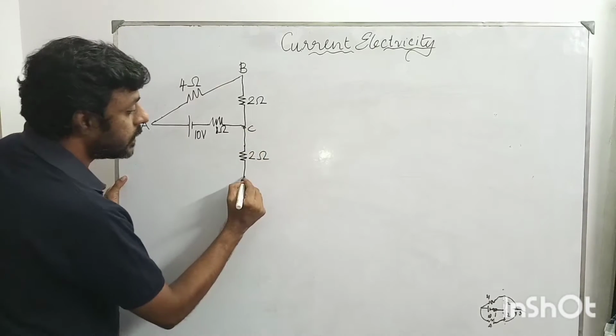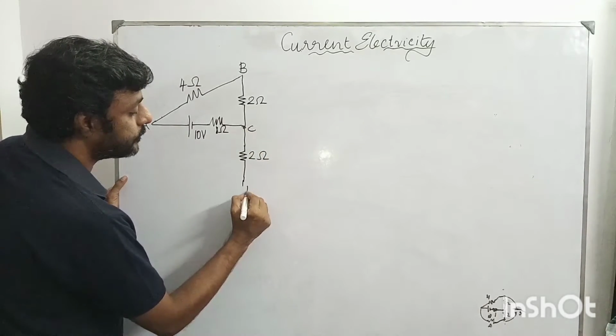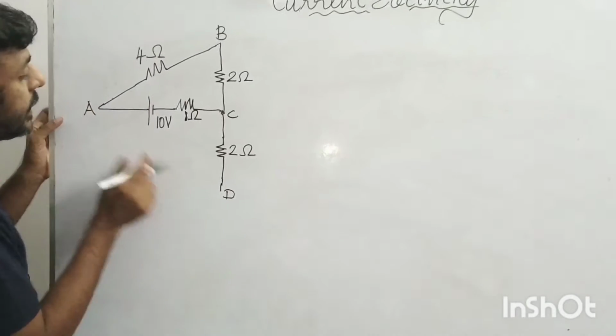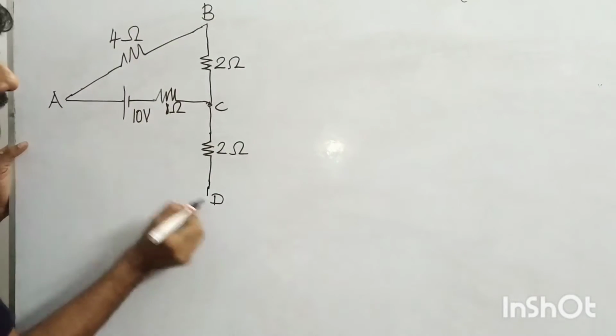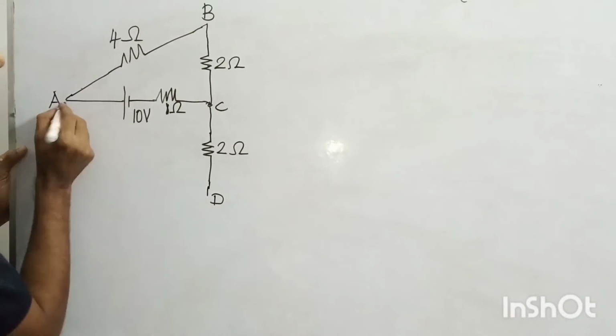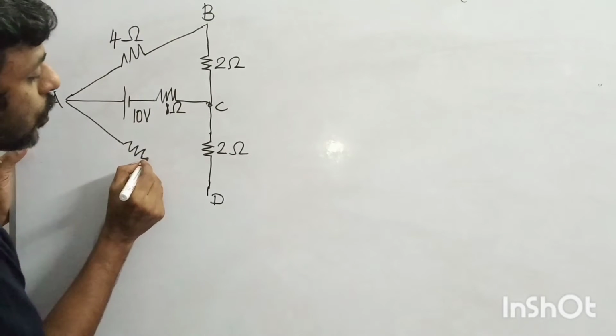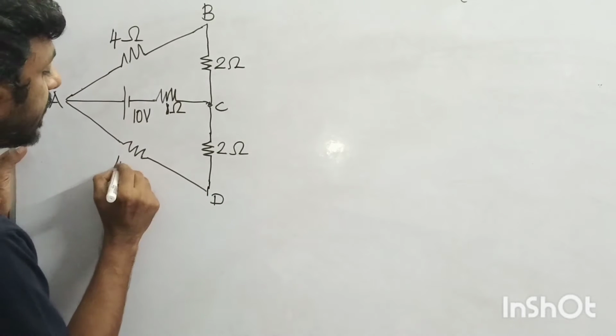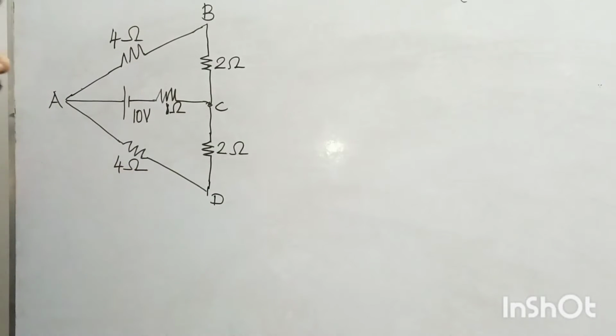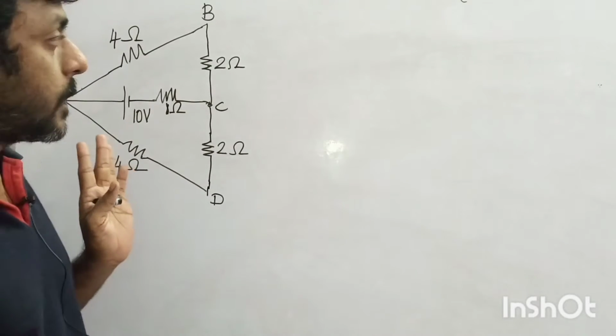Now this is point D. Now again I'm connecting AD and naming it as a branch, and I'm connecting another 4 ohm resistor in this branch AD.